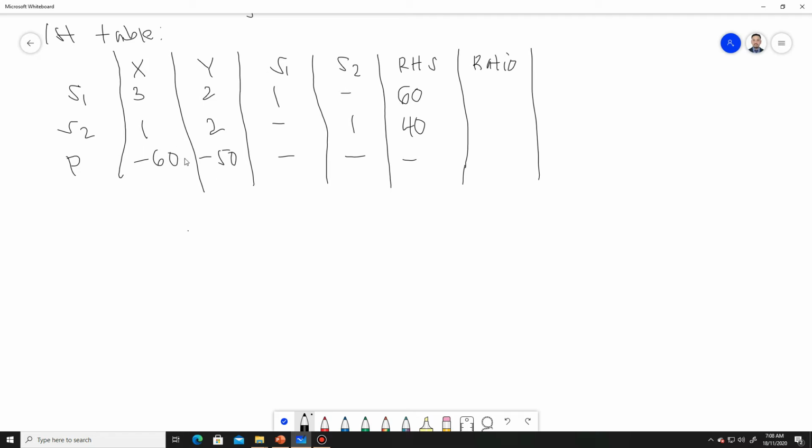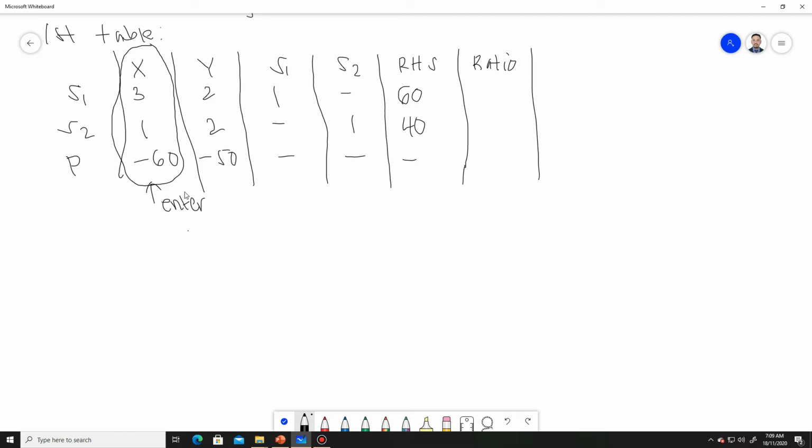So, we have negative signs in the P row and the least is negative 60. So, we will circle it so we can remember it. So, X will be the entering variable. So, we now know the entering variable.